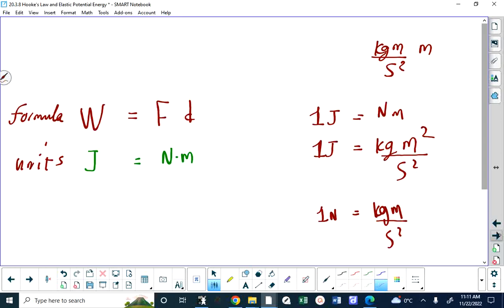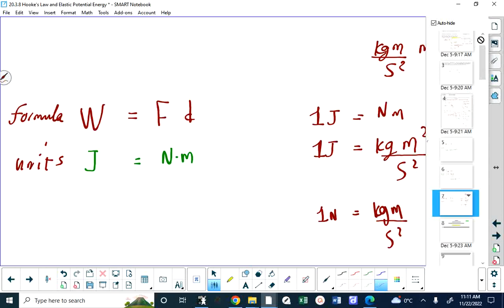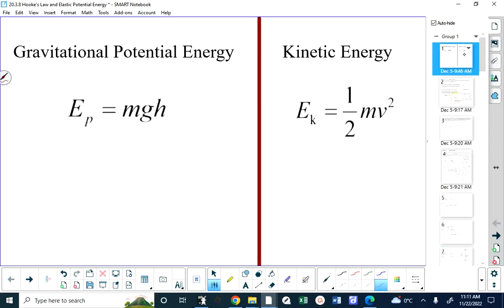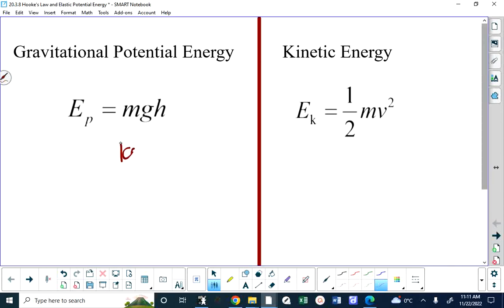Okay. So if you start looking now at the formulas that we learned or reviewed yesterday, what kind of units do you get when you take mass, which is kilograms, times g, which is newtons per kilogram, times a height, which is meters? Well, the kilograms cancel. You get newtons times meters.